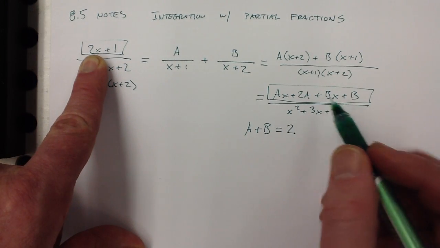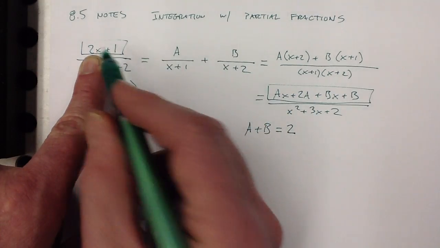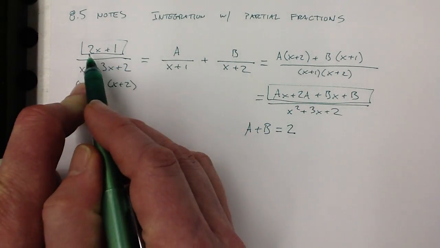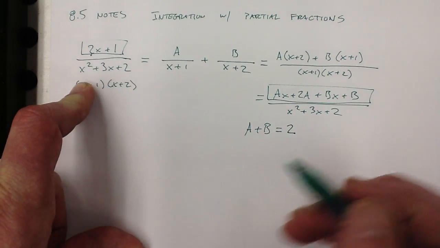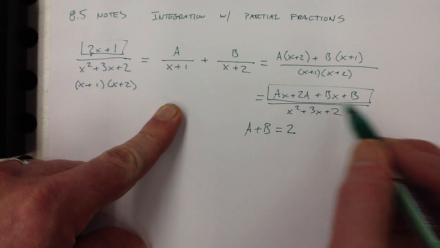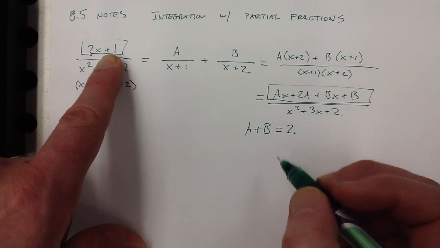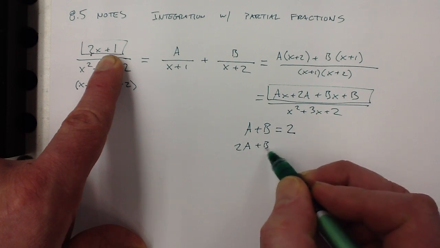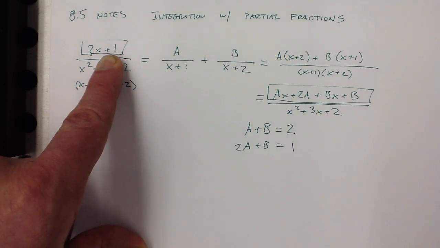Right? I don't actually want the x's in there. ax plus bx equals 2x, so the x's disappear. So the a plus b must be contributing to give me that 2x there. And likewise, the 2a and the b, the pieces without any x's on them, must be adding up to give me the 1 here. So 2a plus b must be equal to 1.